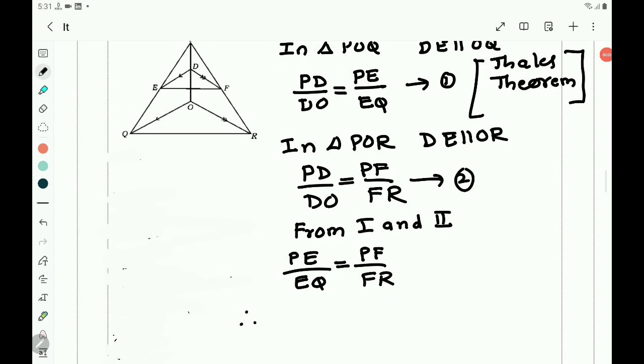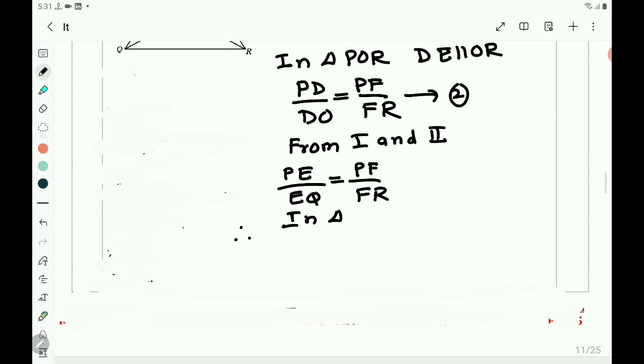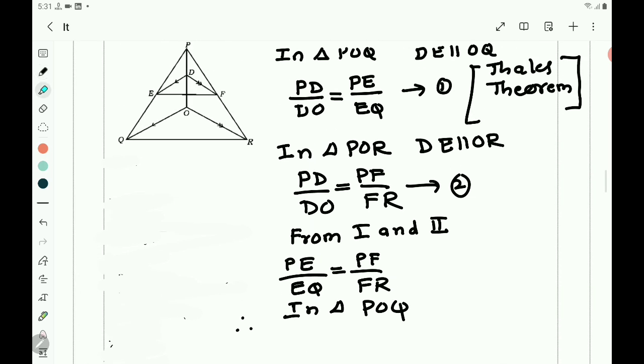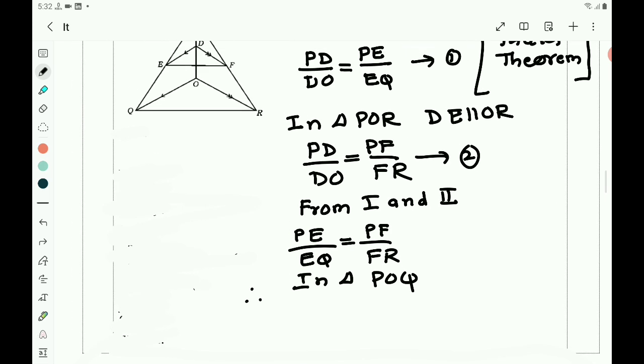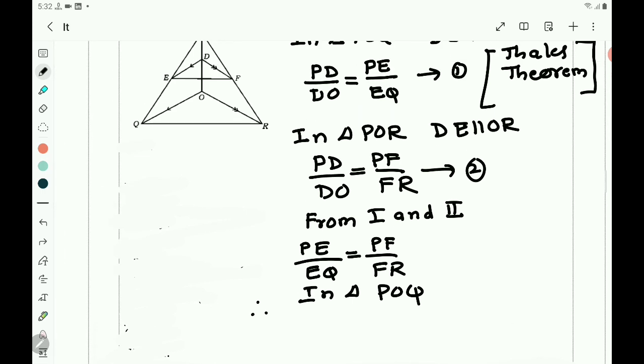Therefore in triangle POQ, what is parallel to what? EF parallel to QR. What is the reason? According to converse of the Thales theorem. Here you got the ratio PE by EQ equals PF by FR. Therefore, in the triangle, EF parallel to QR. Write that.